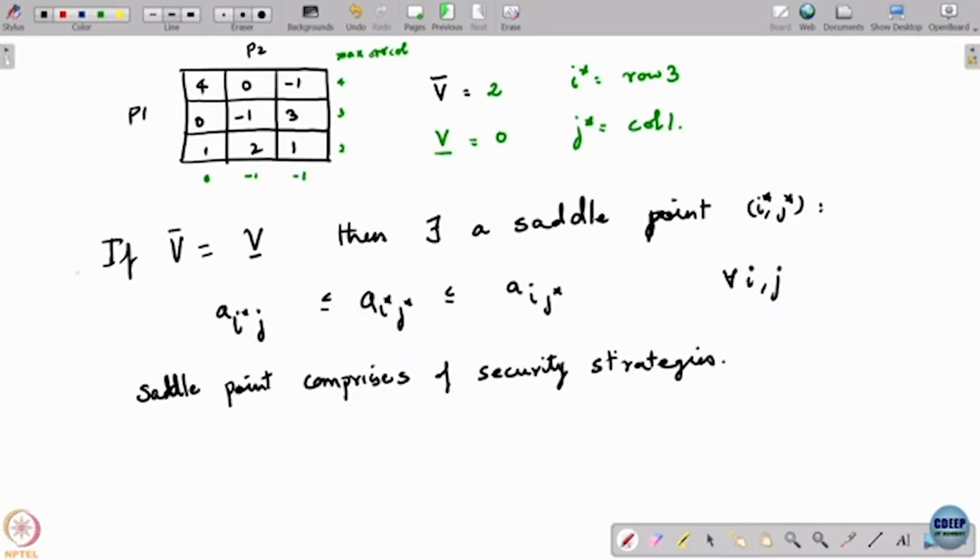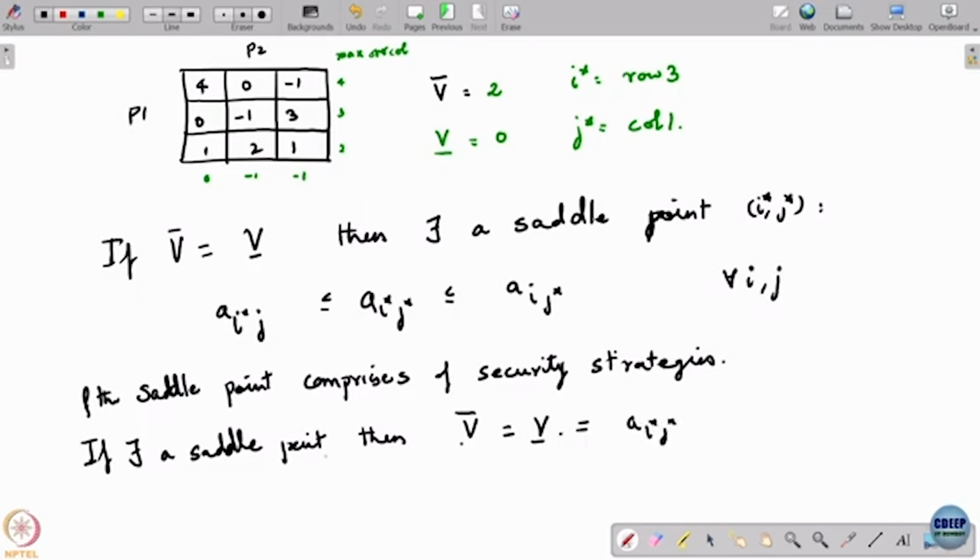So, here the way I have written it is that if V upper bar is equal to V lower bar, then there exists a saddle point, and the saddle point comprises of security strategies, and the opposite result is that if there exists a saddle point, then V upper bar is equal to V lower bar, and that is actually equal to A I star j star. If there exists a saddle point I star j star, then these are equal. Okay, any questions about this?